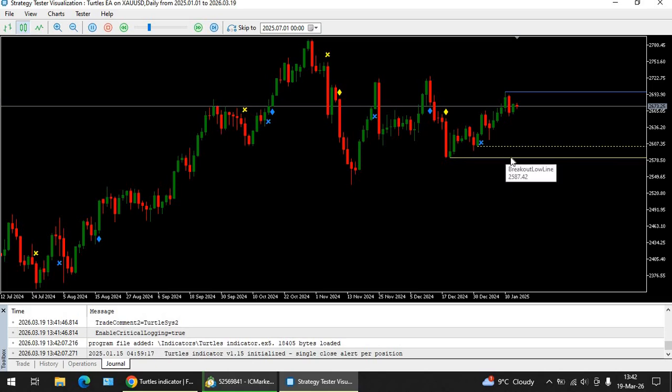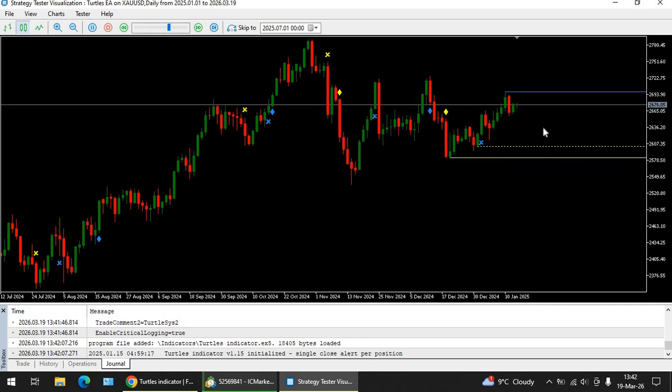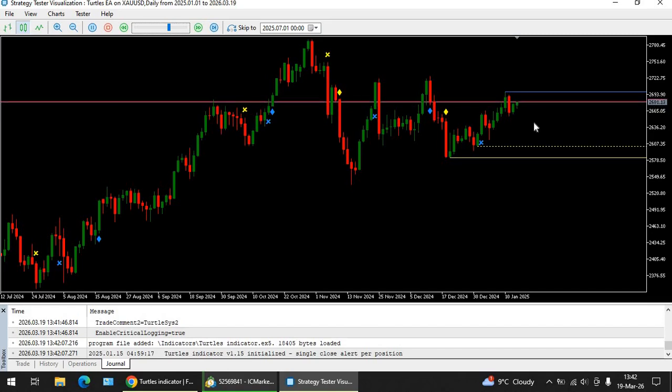If the price goes below this line, a short position will be opened. The yellow dotted line and the blue dotted line, which can be visualized right now, are the trail stop levels.